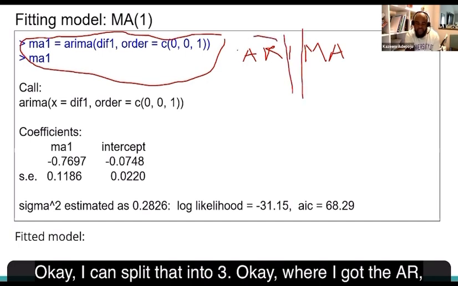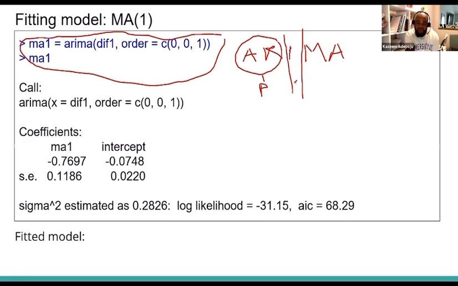The AR aspect is going to have order P, the I, which is what we call the integrated order, the one that does differencing, is of order D, and the MA is of order Q. Now, when I'm considering MA of order 1, I'm considering zero order in AR, zero order in the differencing, and 1 in the MA. So that was why you see 0,0,1.